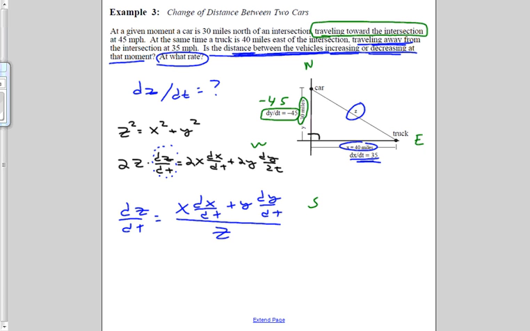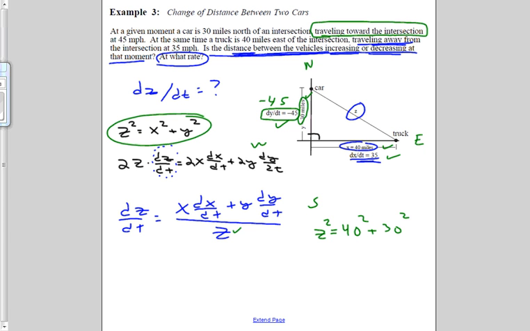And I know everything except for z. I've got my x, dx/dt, my y, my dy/dt. I just need to find z. And so to find z, let's use this expression. I know that z squared is going to equal x squared plus y squared.